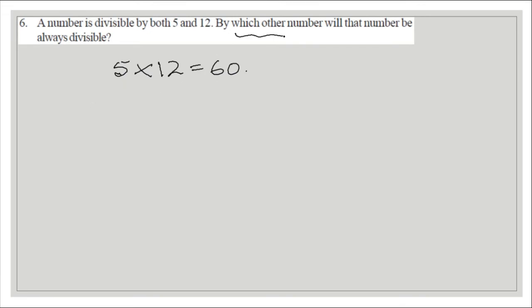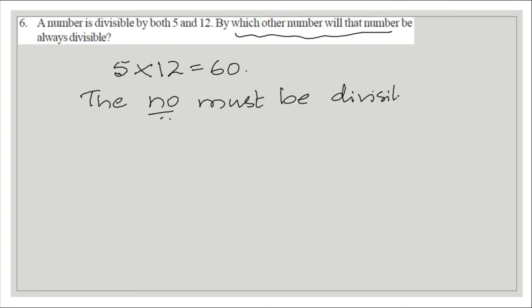By which other number will that number be divisible? Always it will be the number itself. The number must be divisible by 60.